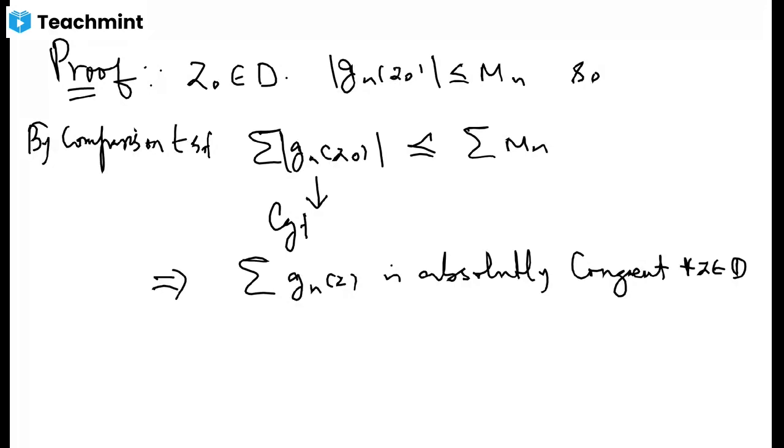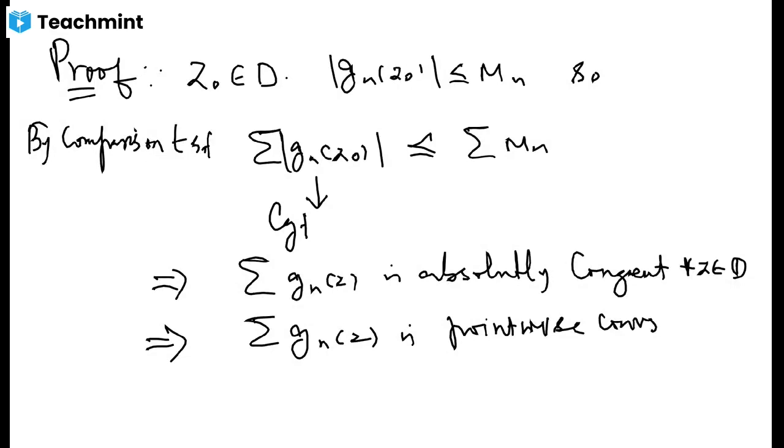The relation between convergence and absolute convergence is that absolute convergence implies convergence. So this is pointwise convergent.